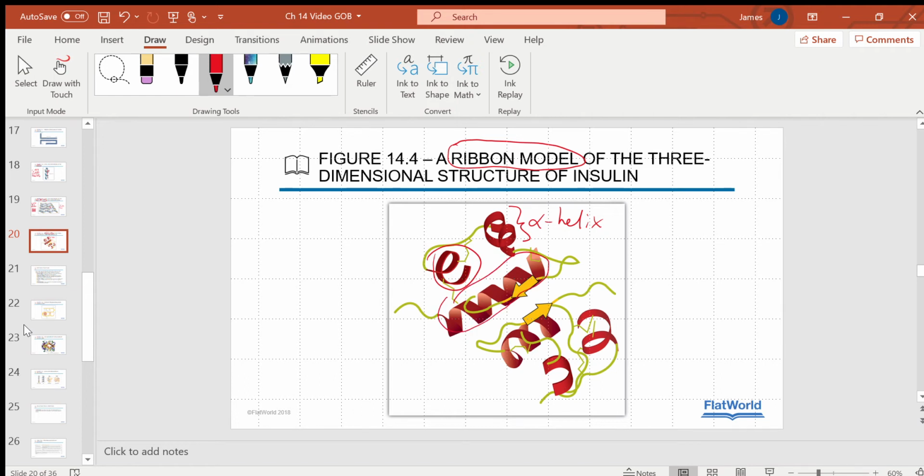And then these arrows, so clearly the alpha helix is helical. The arrow, and you can see one here, you can see another one here. These are the beta pleated sheets. And then you've got this other stuff that's neither an alpha helix nor a beta pleated sheet. This is just good old primary structure.